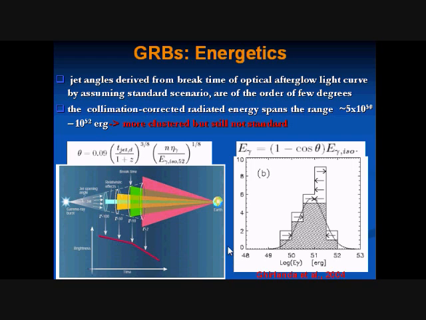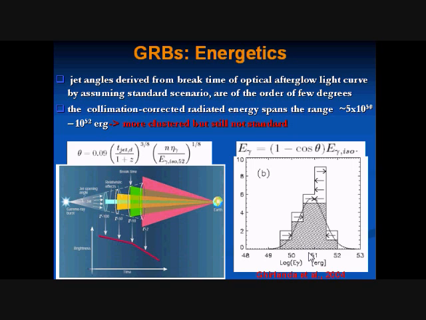And what we have seen is that probably the gamma ray energy is clustered around 10^51 ergs, as you can see the Gaussian peak is around 10^51 ergs.